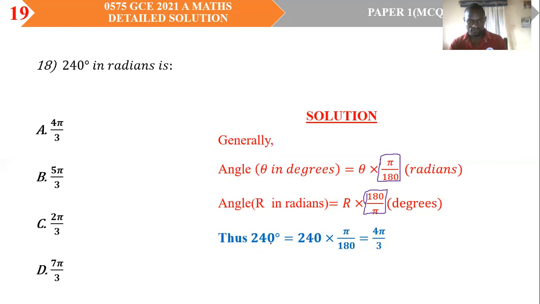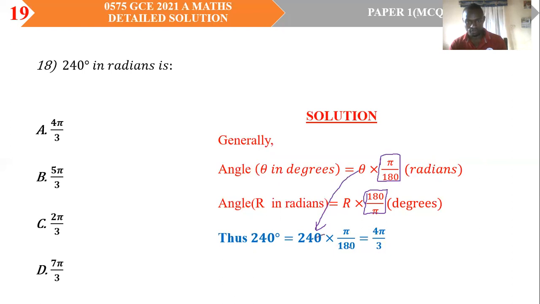Thus, 240 degrees, which is an angle in degrees, to be changed to radians, the theta here is replaced by 240 degrees. We simply replace and multiply by pi over 180.